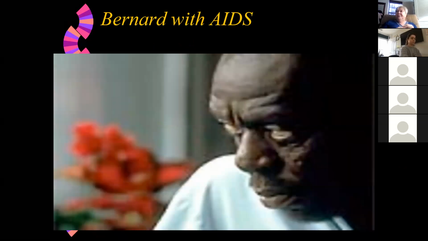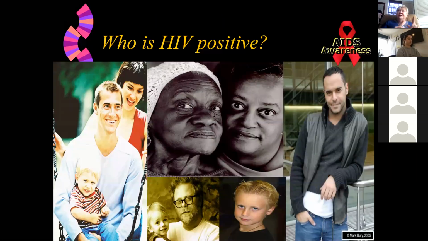This is Bernard. He has AIDS. But I should not treat Bernard any different than I treat any other patient. I should not treat anyone in this picture any different than any other patient. Every patient you care for has AIDS and HIV as far as you are concerned. That is what standard precautions is.